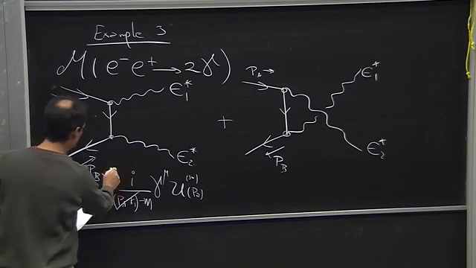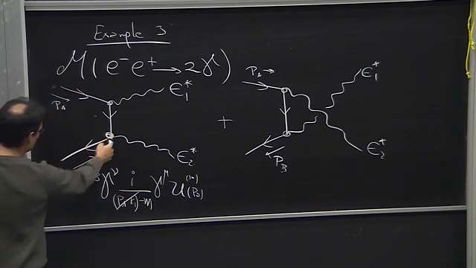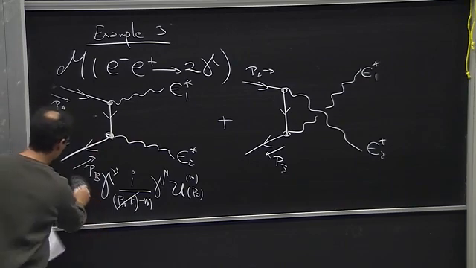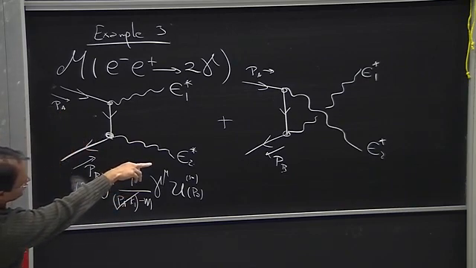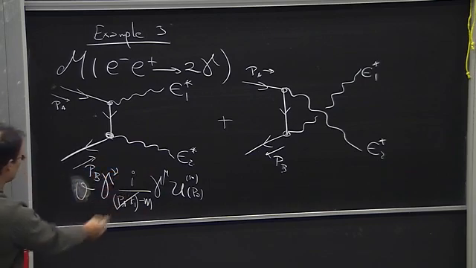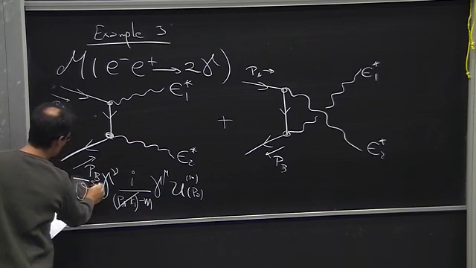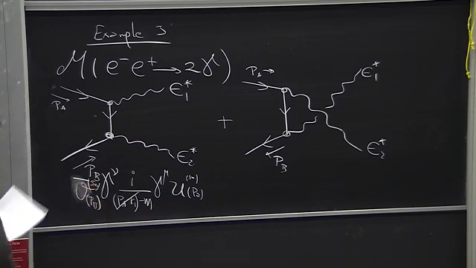Gamma of another index, which happens with this vertex, times our incoming positron. And I look over there and I say, well, when I have an incoming positron, I'm supposed to put a v bar, of momentum PB. Okay?